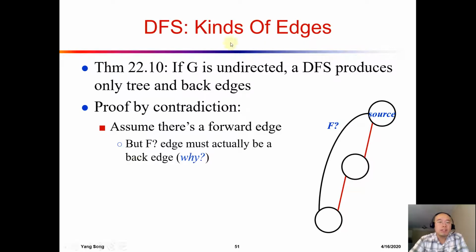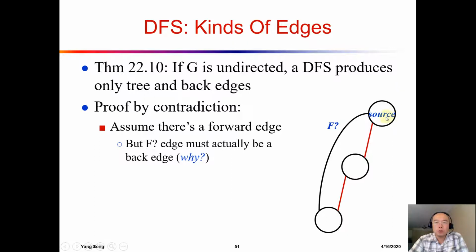If the graph G is undirected, then the DFS will only produce tree edges and black edges. This means there won't be forward edges or cross edges if we are doing the DFS on an undirected graph. So let's draw one and see.